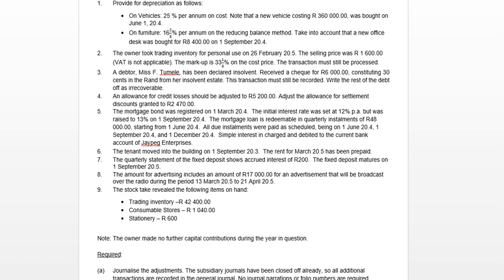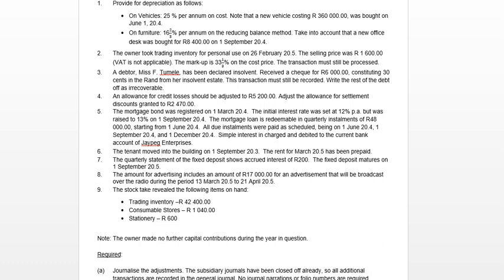The initial interest was set at 12% per annum, but this interest was raised to 13% on the 1st of September 2004. The mortgage loan is redeemable in quarterly installments of 48,000 Rand, starting on the 1st of June 2004. All due installments were paid as scheduled, being on the 1st of June 2004, the 1st of September, and the 1st of December 2004.